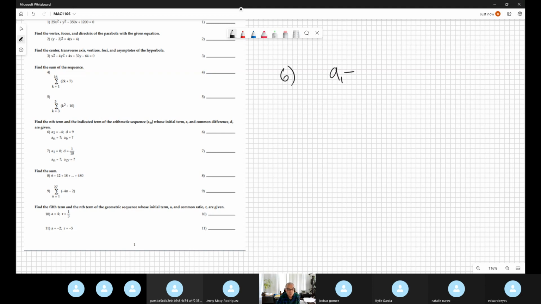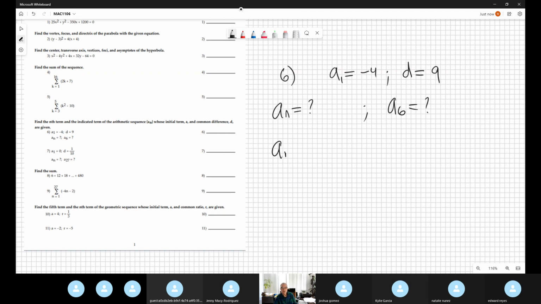A1 is -4, and the common difference is 9. Wow. I need to find A sub n, the explicit expression, and also A6, the term in position 6.